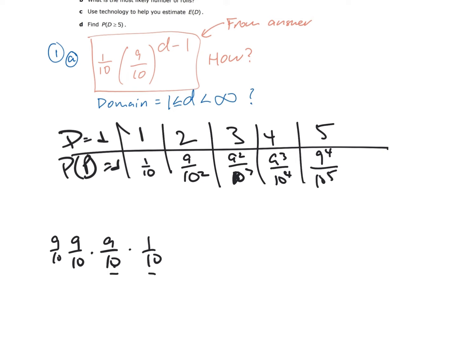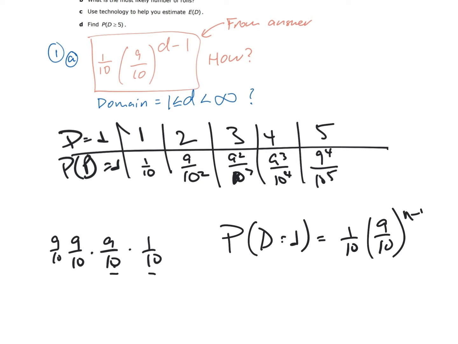So what keeps happening in this scenario is my probability distribution, the probability of D equaling d, is simply going to be 1/10 times 9 over 10 to the power d minus 1, for the d's that are up in this area here.